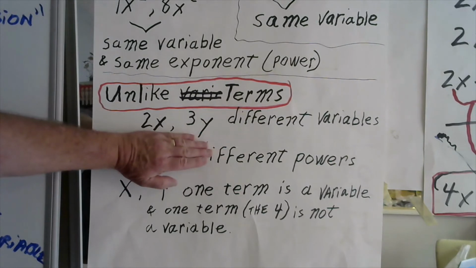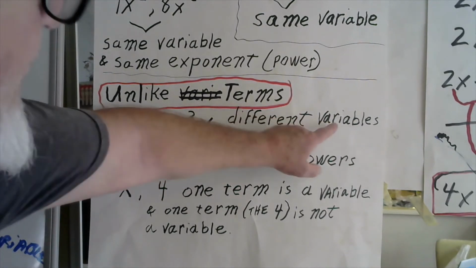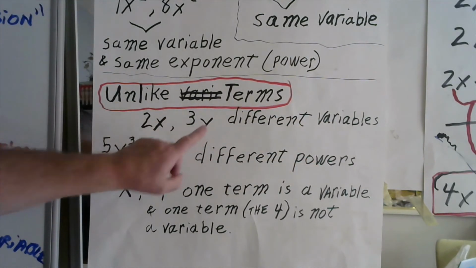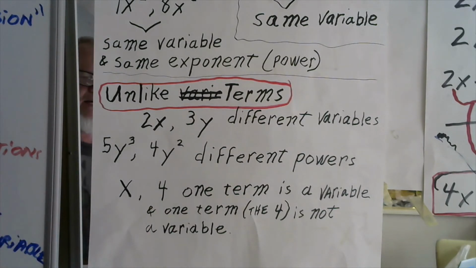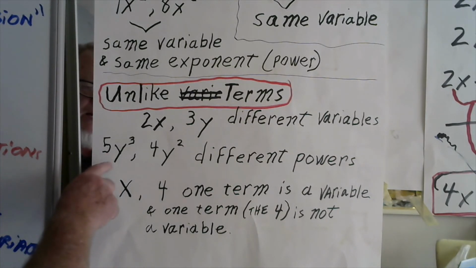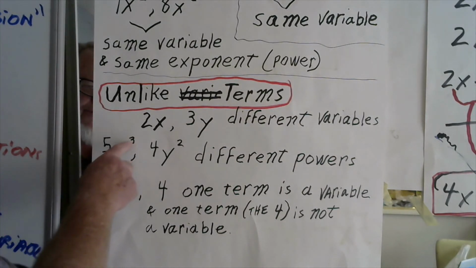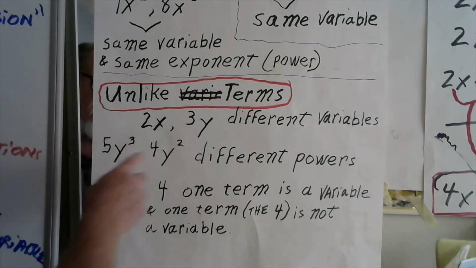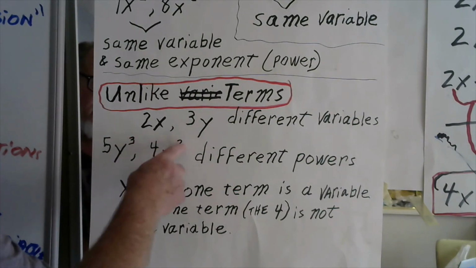We can't combine them because they have different variables, x and y. Likewise, 5y to the third and 4y to the second can't be combined. Even though the variable is the same, the powers, the exponents, are different.